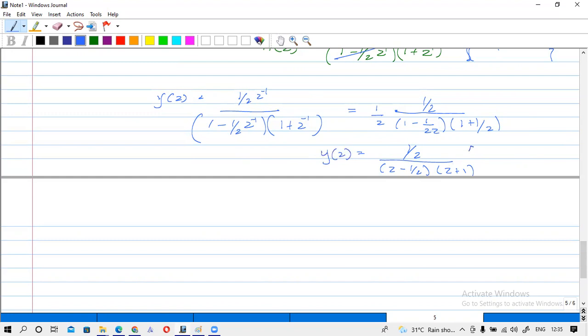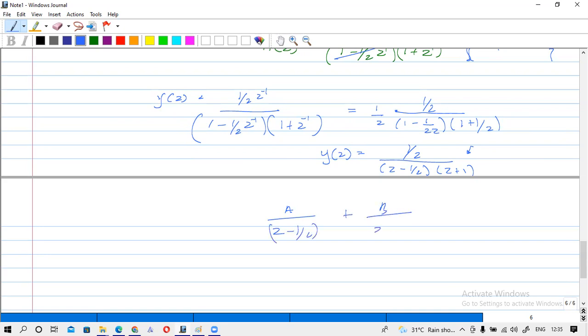I just did some simplification, and I think I'm not making any mistake here. Now we can use the partial fraction method. You can write A over (z minus half) plus B over (z plus 1), like this.